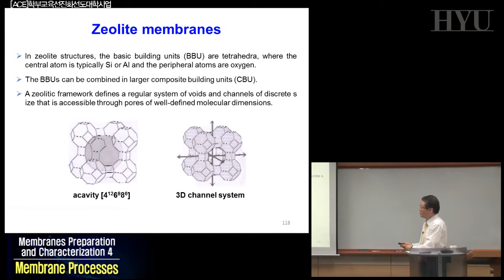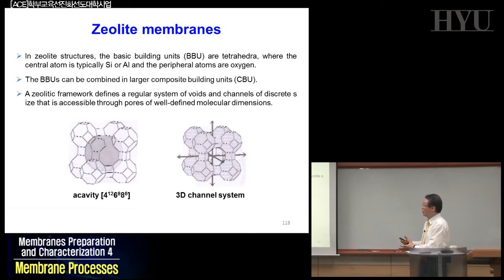Recently, you can form this structure with a size of around 3 to 4 angstroms, whereas about 10 years ago, they found that they could make this framework at the 7 to 8 angstrom level, and it's coming down to about 3 to 4 angstroms right now, so that they can separate gases even. But of course, the price of this zeolite membrane is very expensive compared with the polymer membrane.